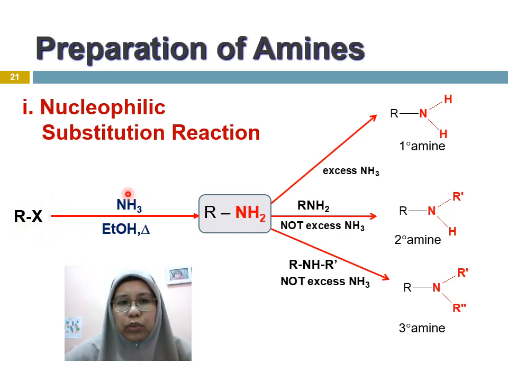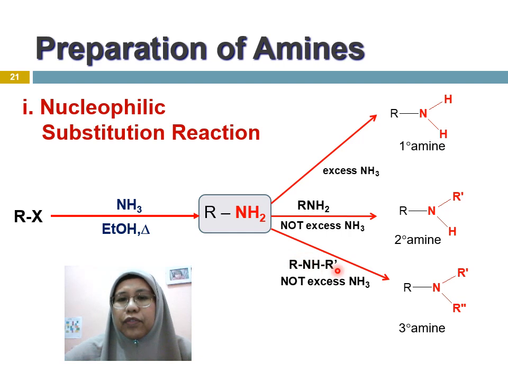Haloalkane is going to react with ammonia in ethanolic solution and heat to produce a primary amine. With excess ammonia, it is going to stay as primary amine, but if you have limited ammonia, the product is going to react with the primary amine here and it will become secondary amine.